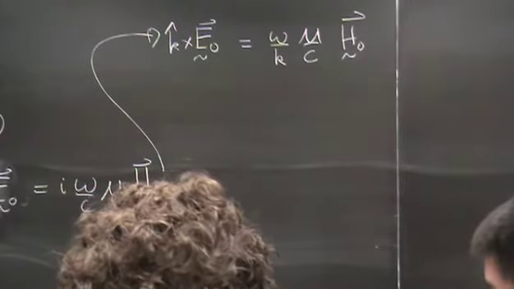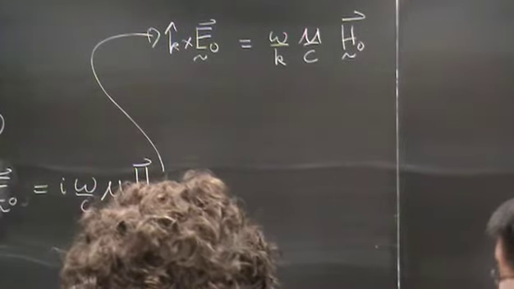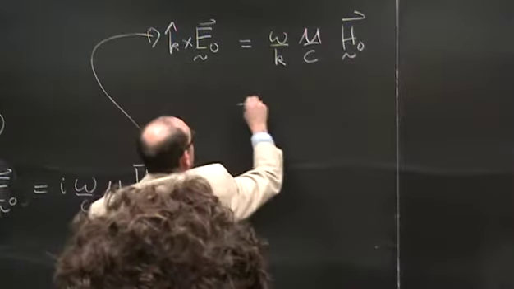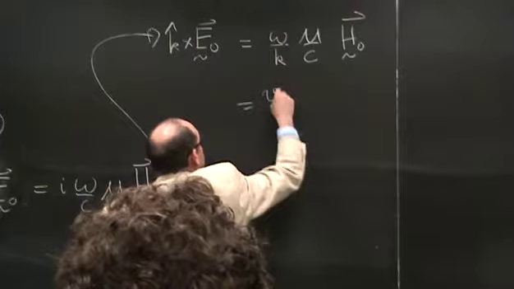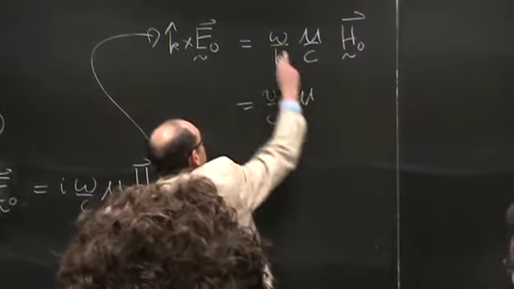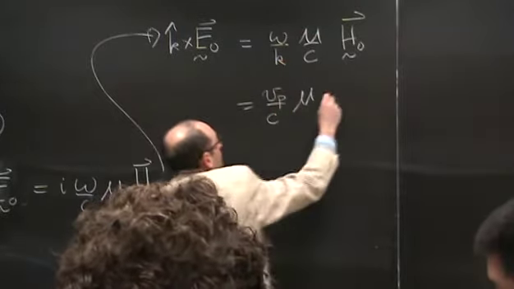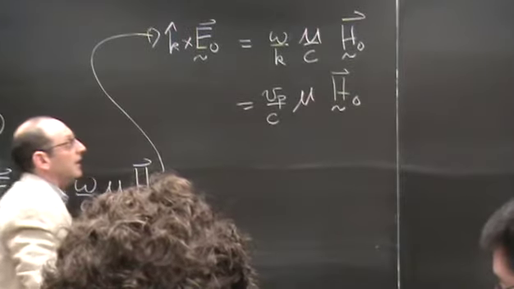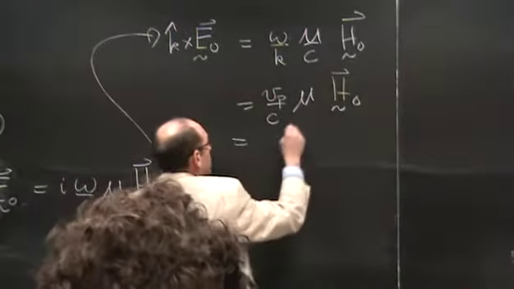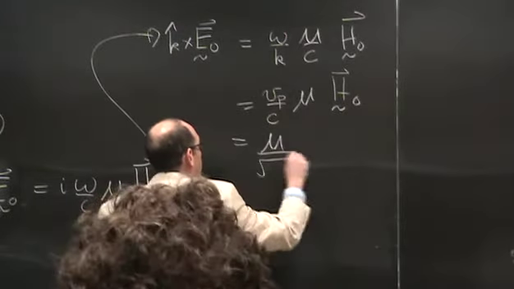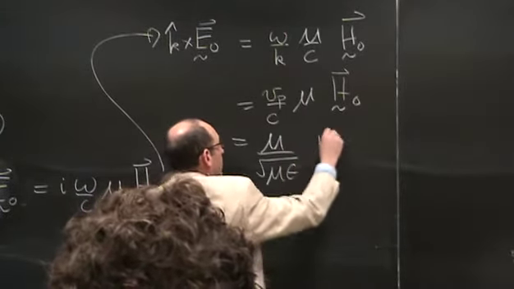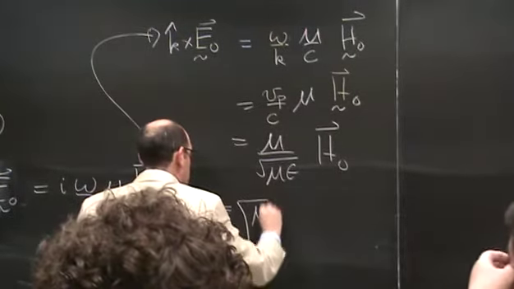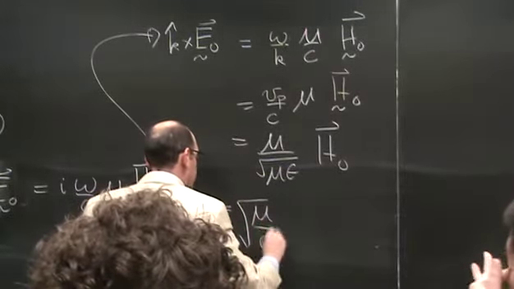Okay, dividing by the magnitude of k, canceling out the i. So this is equal to, we just said, the phase velocity over c. Omega over k is the phase velocity times H naught tilde, which we said was equal to square root of mu epsilon, or the square root, therefore, of mu over epsilon.